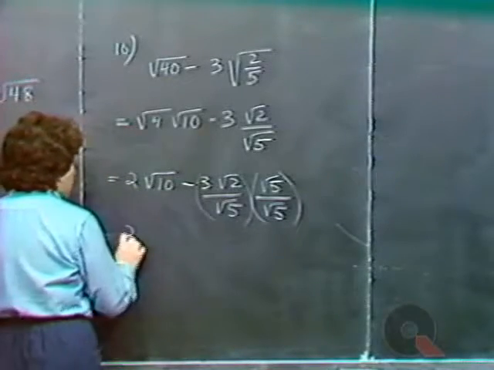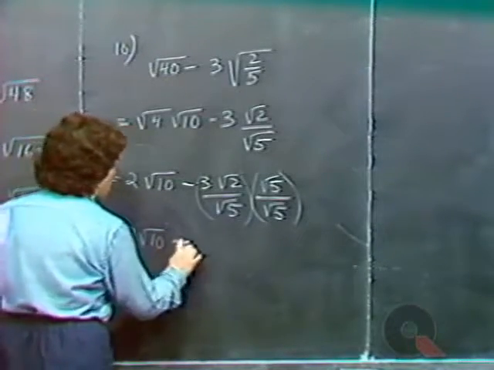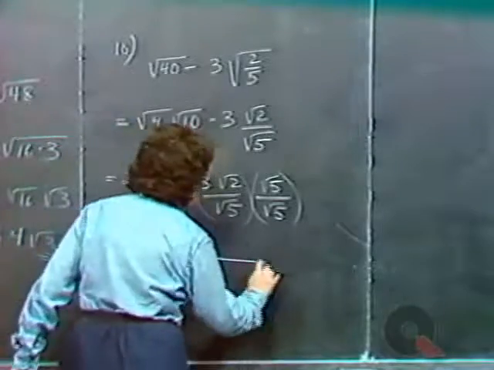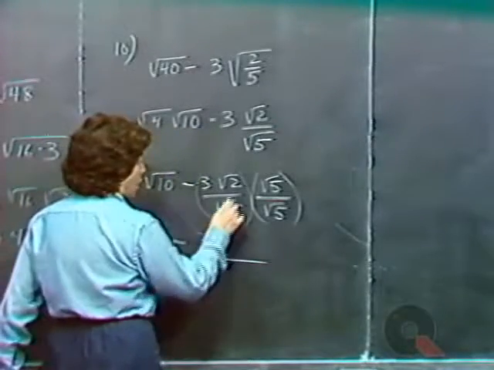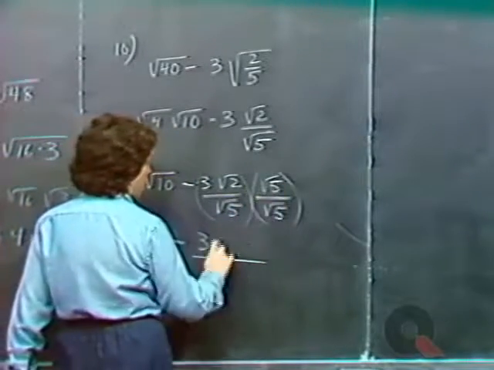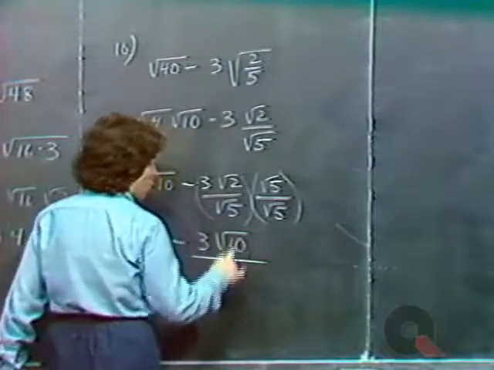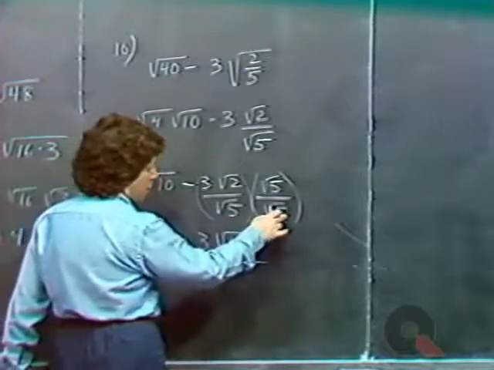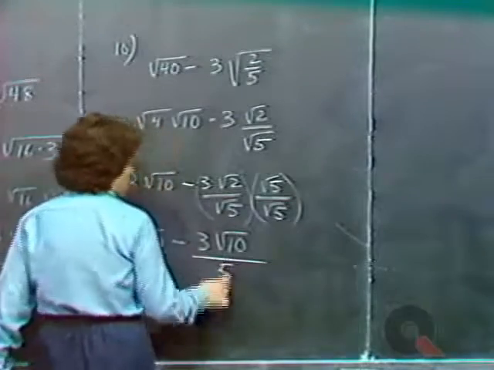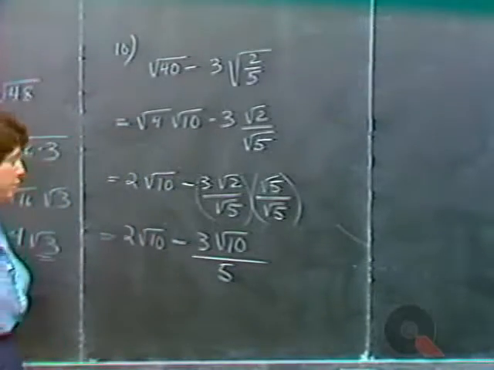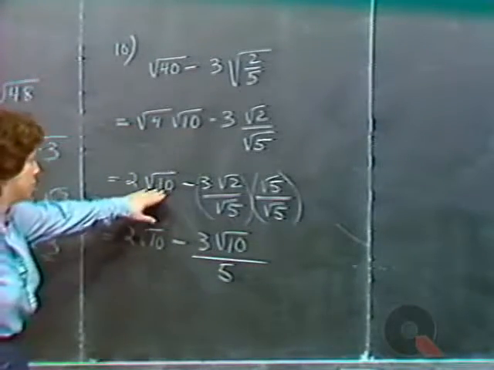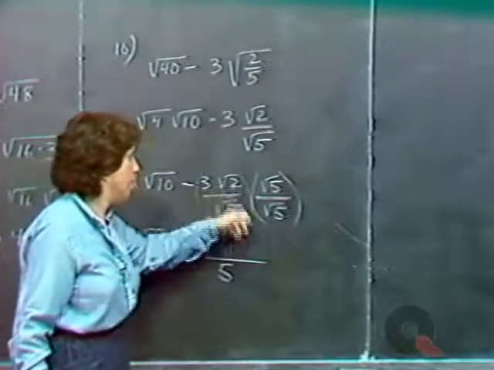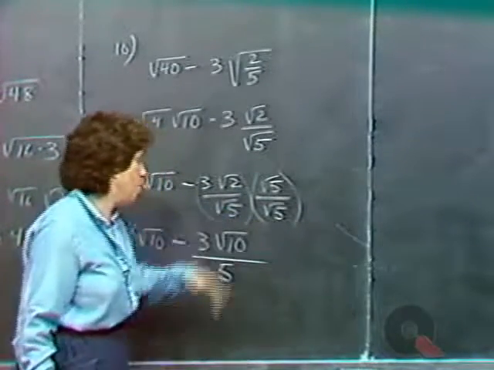So we'll get 2 times the square root of 10 minus 3 times the square root of 2 times the square root of 5, which is the square root of 10, over the square root of 5 times the square root of 5, which is just 5. 2 times the square root of 10 minus 3 times the square root of 10 over 5.